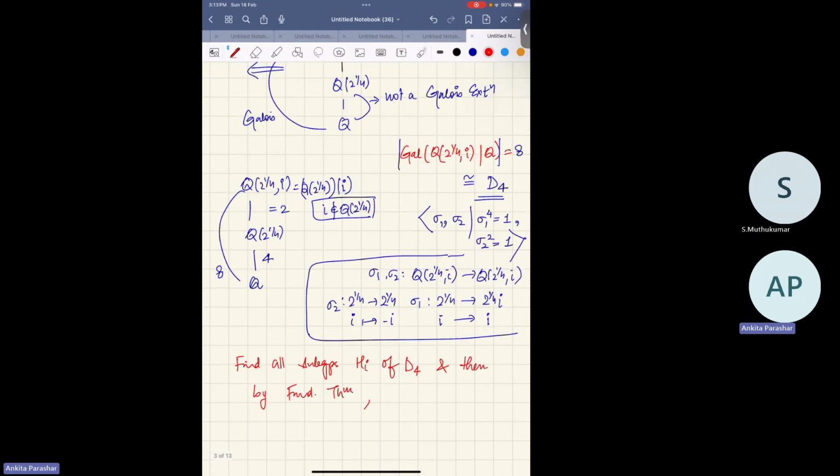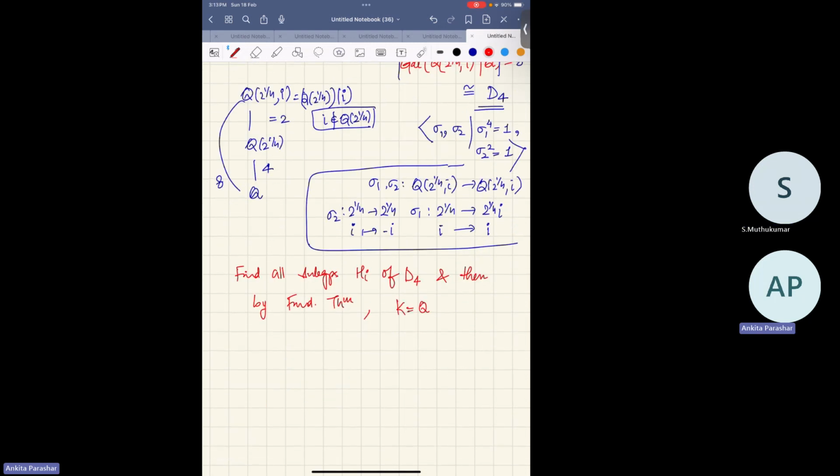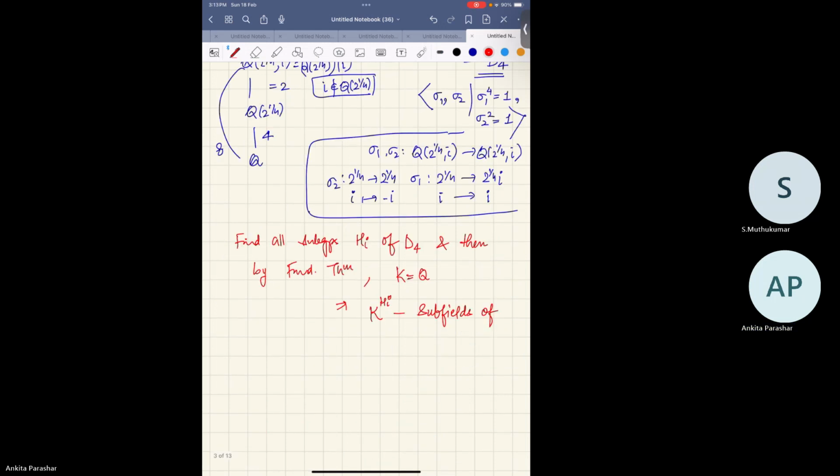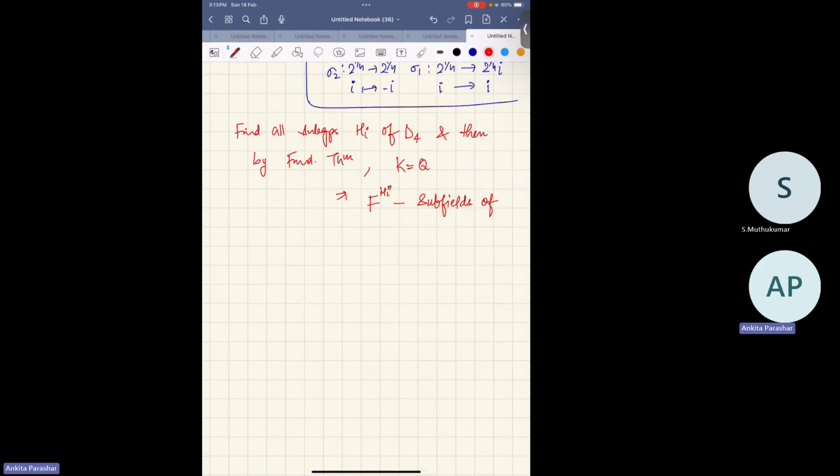So if I have Q, K as Q(2^(1/4), i), then we just look at K^(H_i), the fixed field of H_i. Right, this will give me subfields of K. F(H_i) gives me the subfields of K.